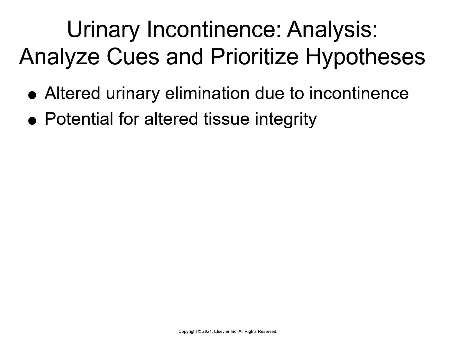They may have an altered urinary elimination because they're incontinent, and like I said, that's very embarrassing for these people. And if they pee on themselves, they can have altered tissue integrity. That makes sense, doesn't it? So that's what you're going to be looking for, and what your thoughts would be when you're assessing your patient.